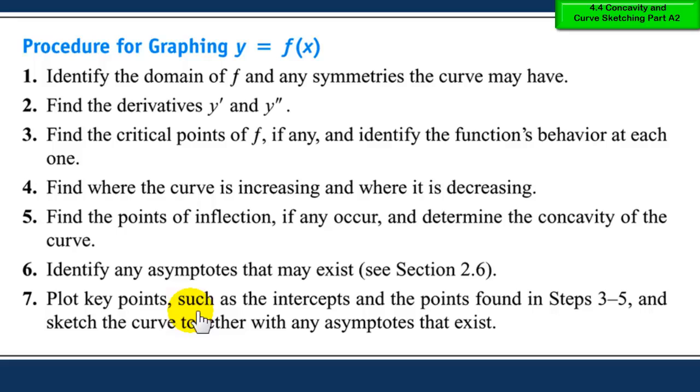Plot key points such as the intercepts, the points found in the critical points from local max, local min, or points of inflection, and then sketch the curve together with any asymptotes that may exist.